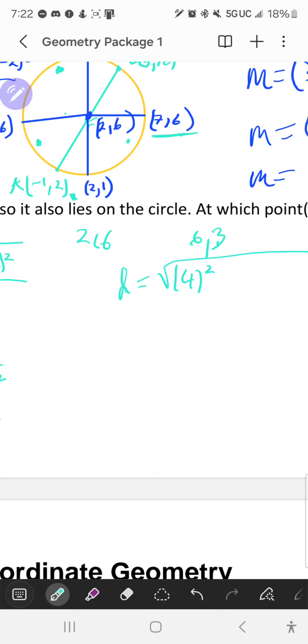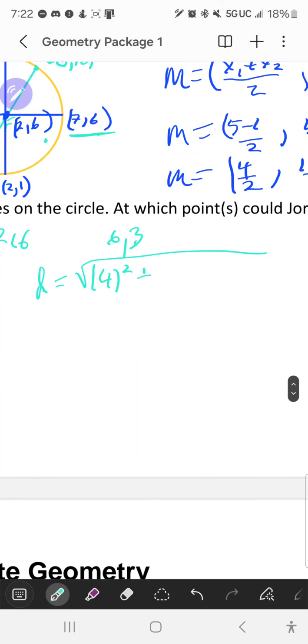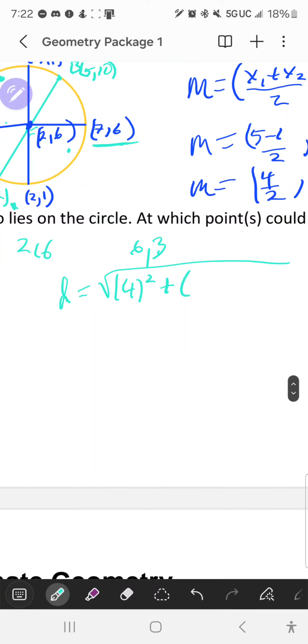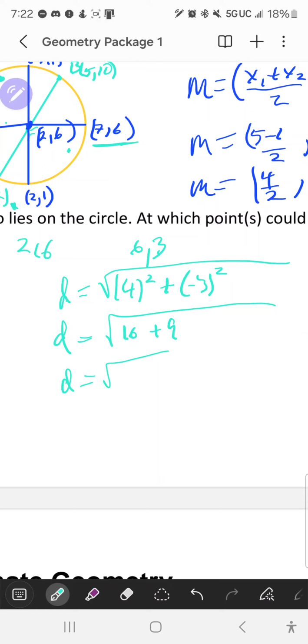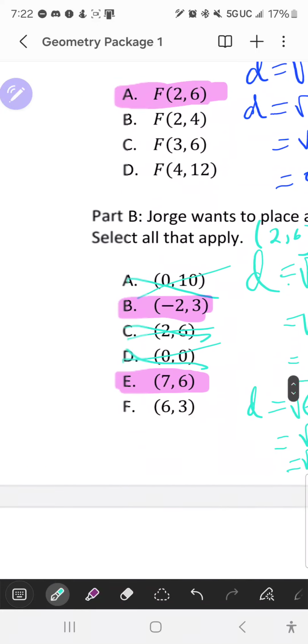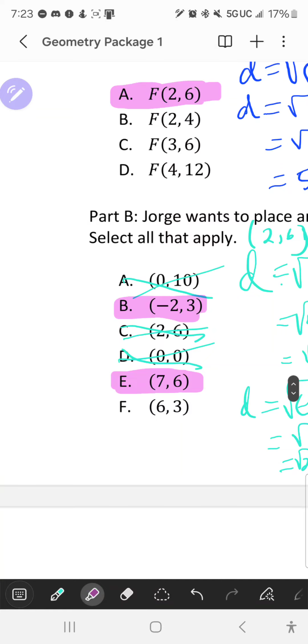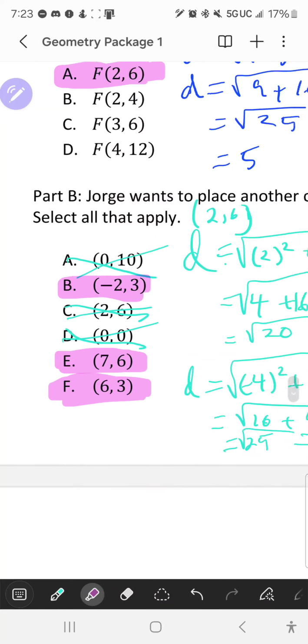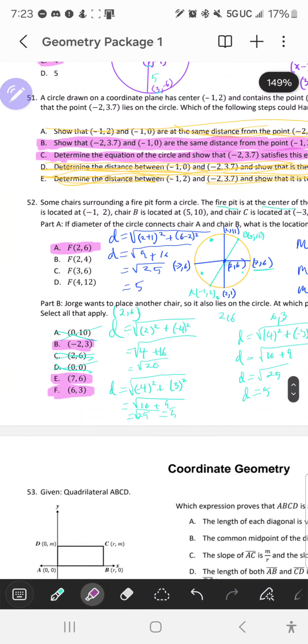Plus 3 minus 6, which is going to be negative 3 squared. So 4 squared is 16, plus 3 squared is 9, equals the square root of 25, and that equals 5. So yeah, this is part of the circle since it has the same radius. And we have our answers right there.